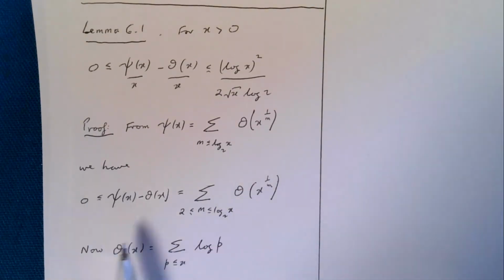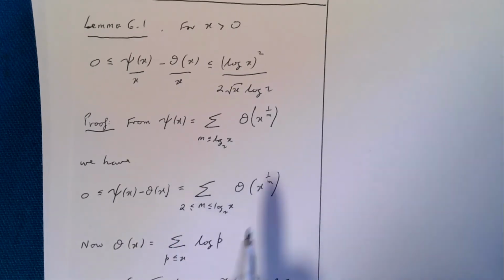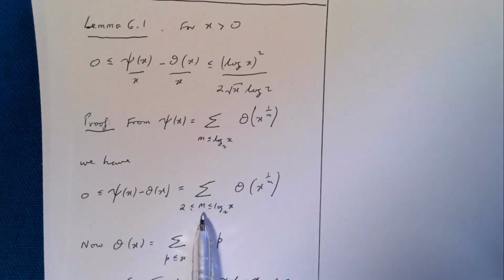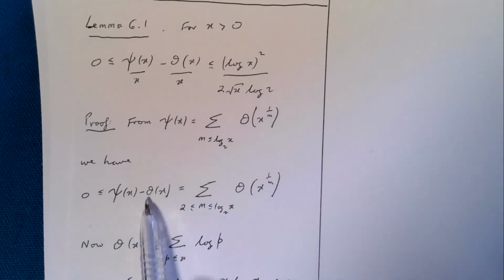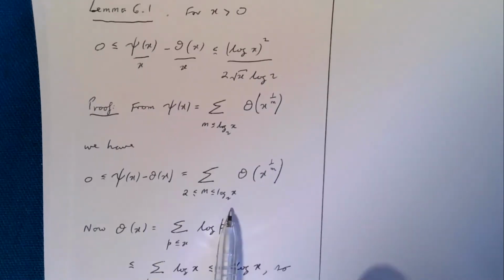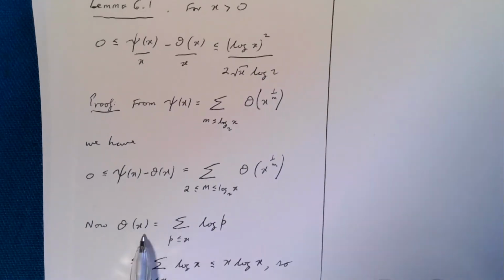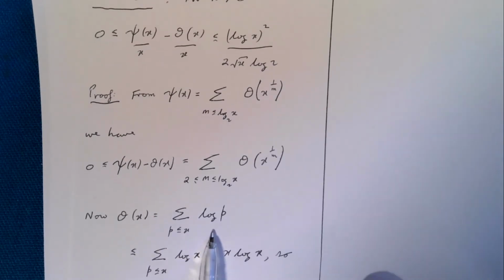So if I take psi of x minus theta of x, I'm just looking at the sum of this expression, but we exclude m is 1, because that's taken care of by theta of x. So theta of x is the sum over the primes less or equal to x of the log of the primes.